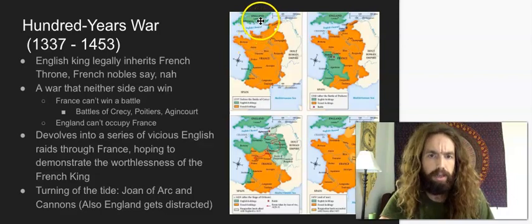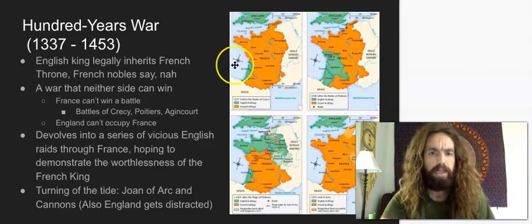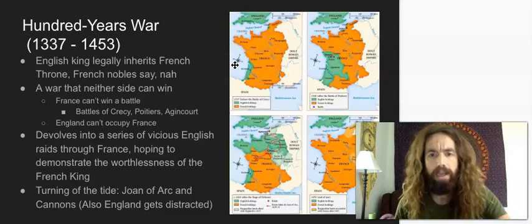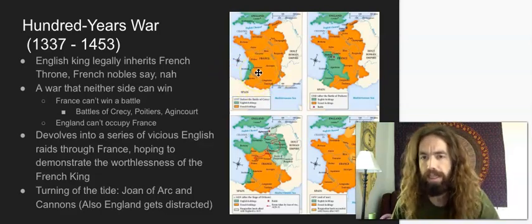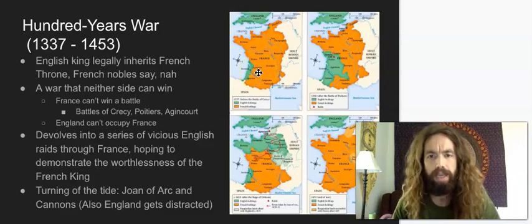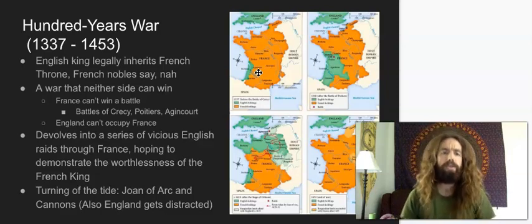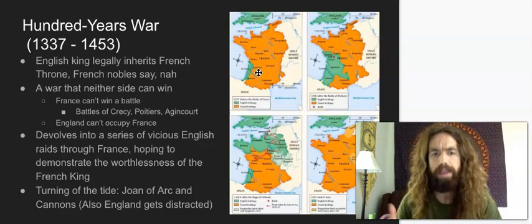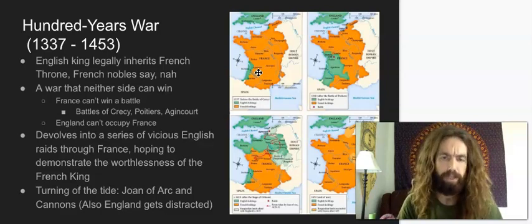So William the Conqueror goes in and conquers England, and the kings of England continue to retain holdings in France and are actually legally connected to the King of France. Also, they marry into the French royal family at various points, and so the English king is, weirdly enough, in the line of succession for the French king.